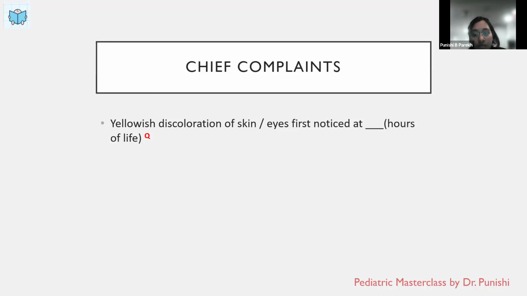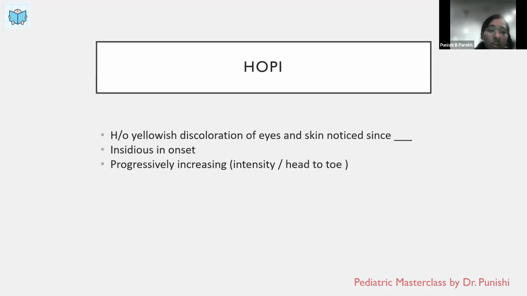So with the chief complaint, how do you describe it in detail? The yellowish discoloration of the eyes and skin was first noticed since, say, 60 hours of life, which was insidious in onset, and the mother will tell you whether the yellowishness has been progressively increasing or is the same since the time she first noticed.